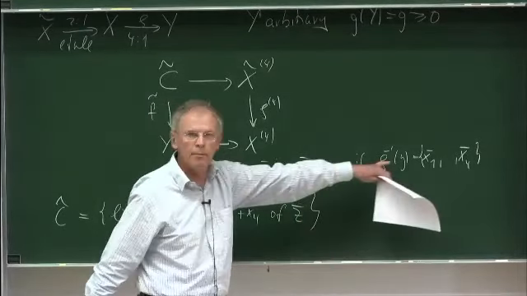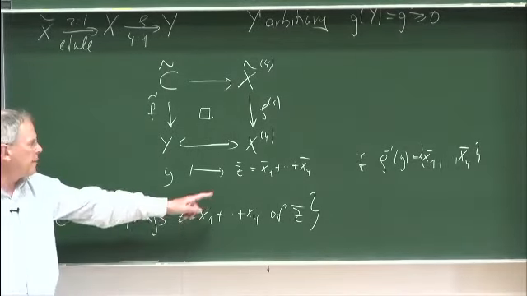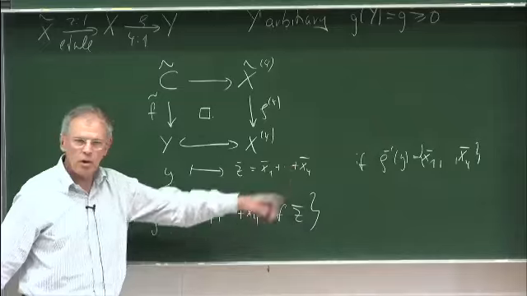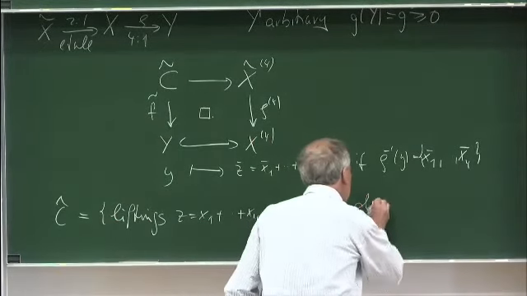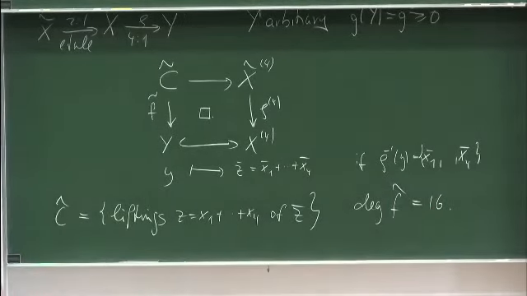That's why I wrote bars here, because the liftings are without bars. Right, and you see that every point x1 has two pre-images and so on. So this is of degree 16. Degree of f tilde is equal to 16, which is 2 to the 4.